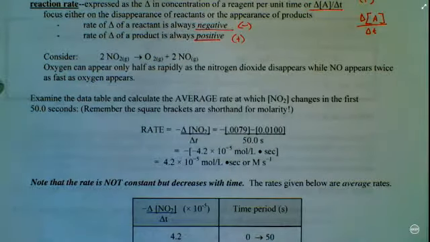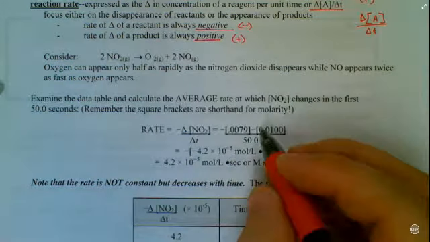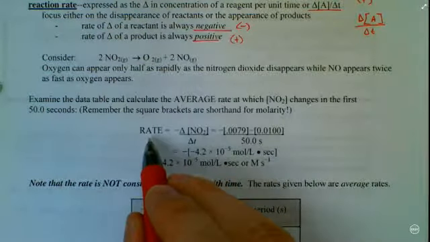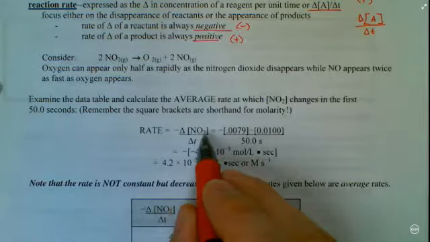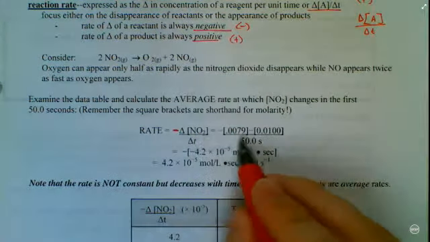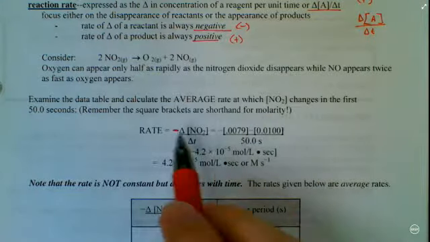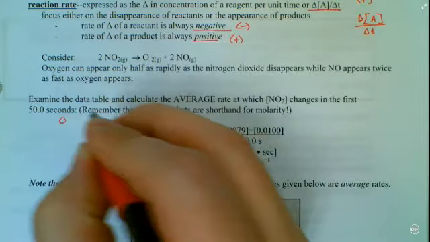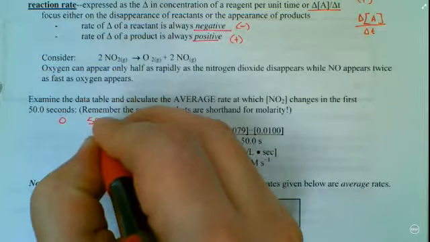So if you examine the data table, you can calculate the average rate at which NO2 changes in the first 50 seconds. Remember the square brackets are shorthand for molarity. We can determine the rate at which NO2 is disappearing, hence the minus sign. We're going between 0 and 50 seconds.